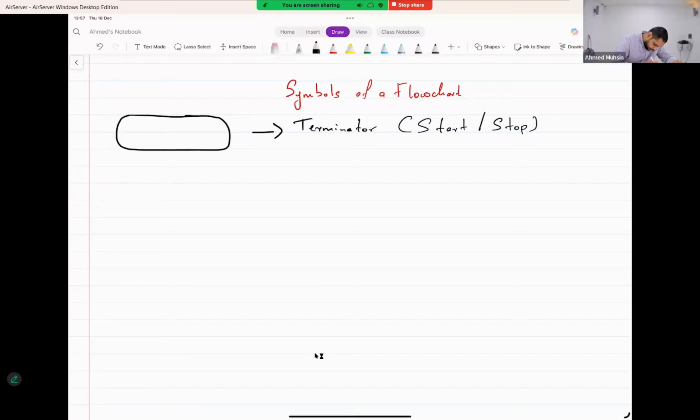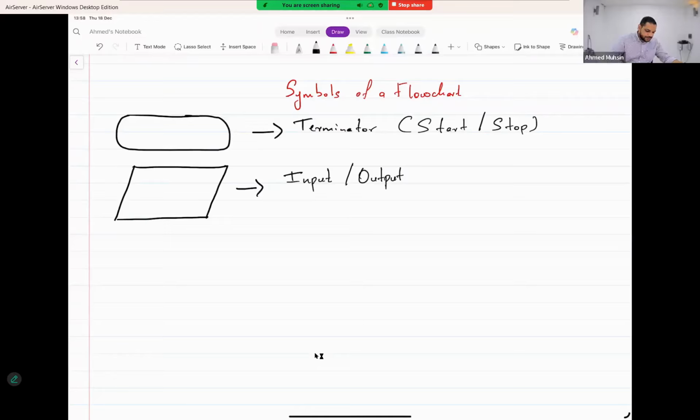Then we have inputs represented using a parallelogram. Not only input, input or output. Enter a number, display something, use this symbol.